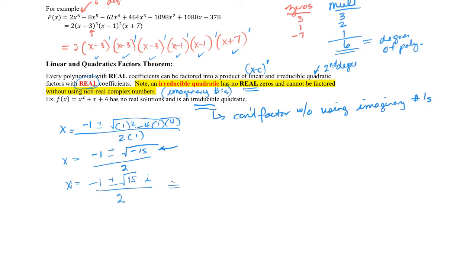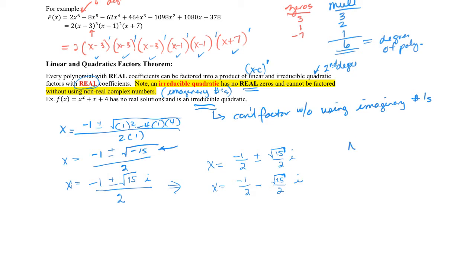If I want to split that, that means x equals -1/2 plus or minus the square root of 15 over 2 times i, and x equals -1/2 minus the square root of 15 over 2 times i. Be really careful that the i is not under the radical. A lot of times I'll put like a little hook here just to make it really evident the i is not under the radical, okay?